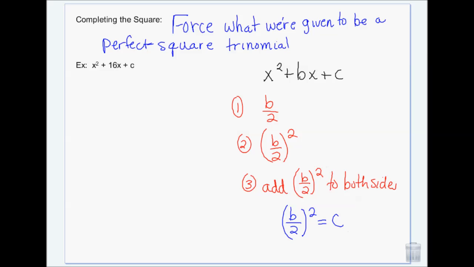So on this problem, B is 16. I'm going to divide it by 2. That gives me 8. And I'm going to take that 8, and I'm going to square it, and that's going to give me 64. So C equals 64. So if I'm just finding C, I take B, divide it by 2, and square it, and that gives me C.